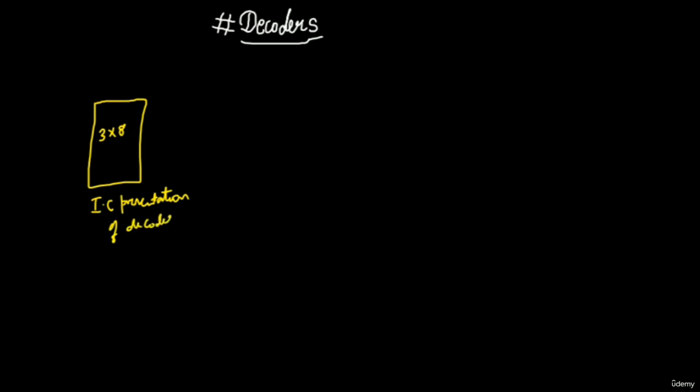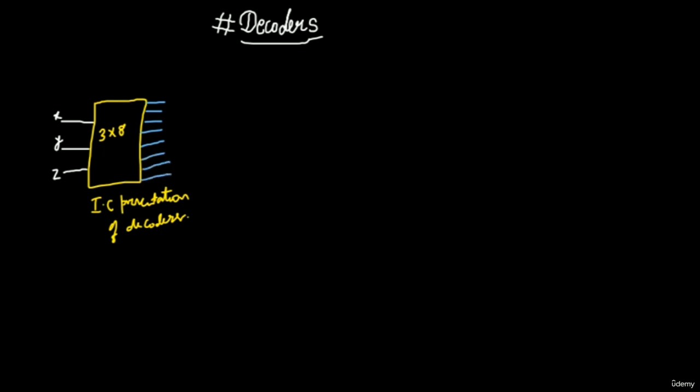So we surely need some input and output lines, so I'm drawing the input and output. Like I wrote the 3, that means I'm giving three inputs here. Let's say X, Y and Z are the inputs here. And now it's time for the output, so I have to draw the 8 outputs: 1, 2, 3, 4, 5, 6, 7, 8.